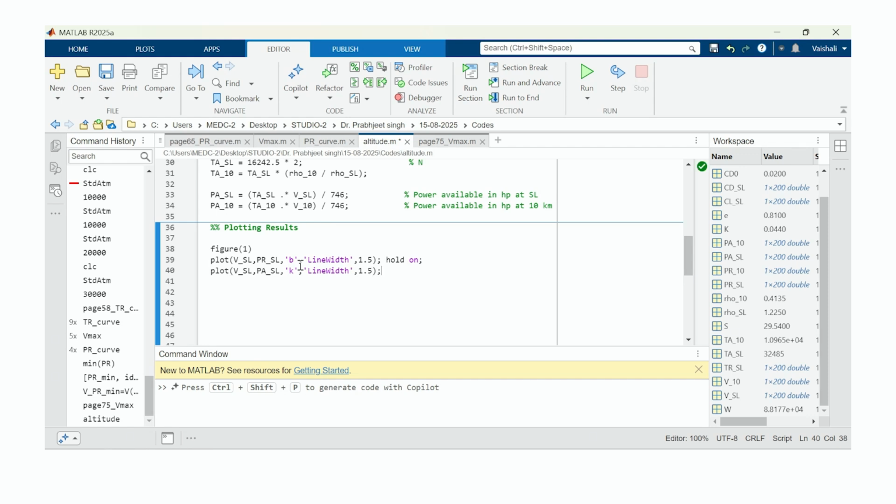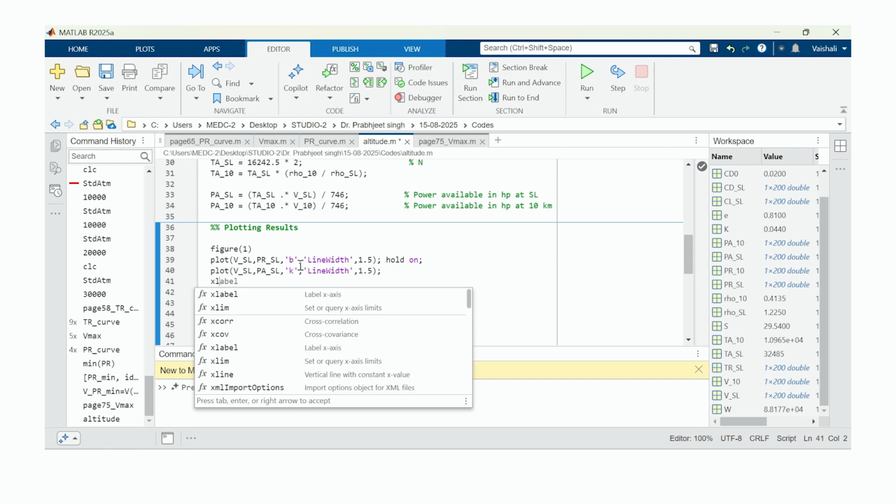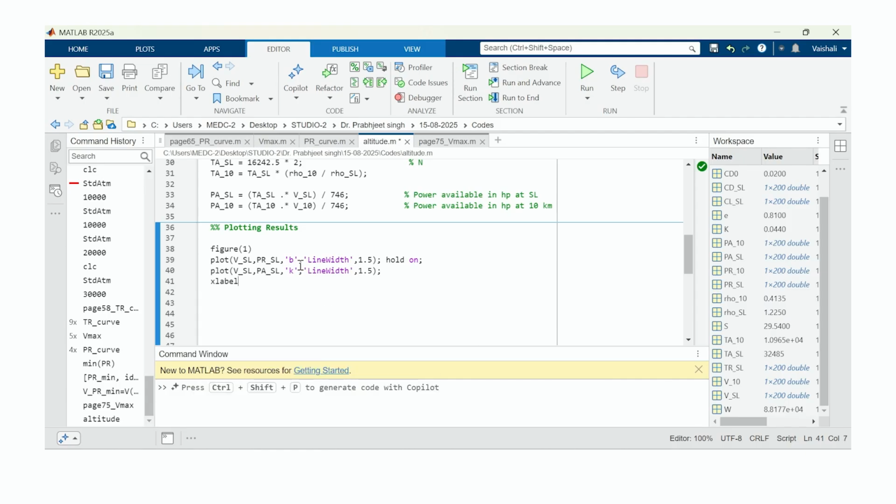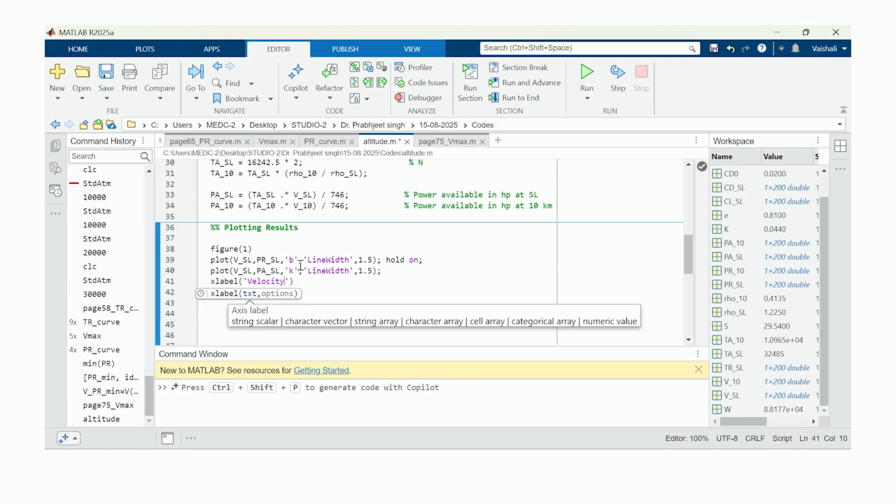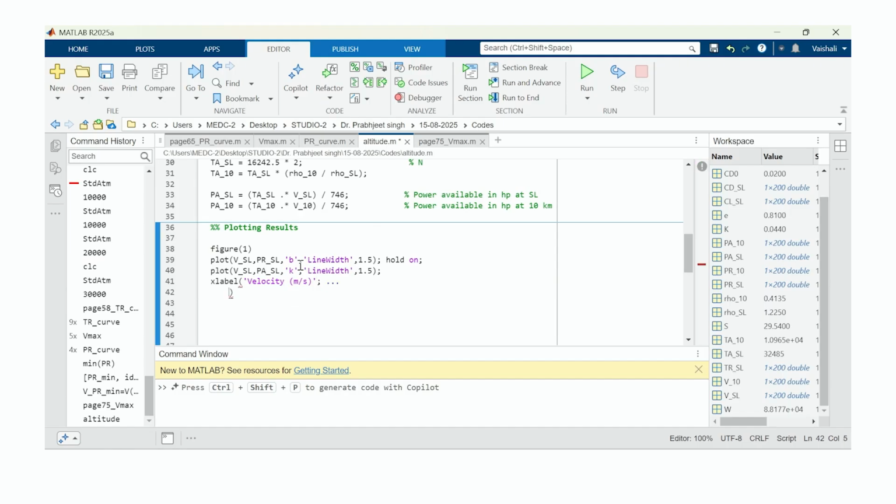And xlabel, let us label the x axis: velocity in meters per second. Now we are done with xlabel. Let's do ylabel.